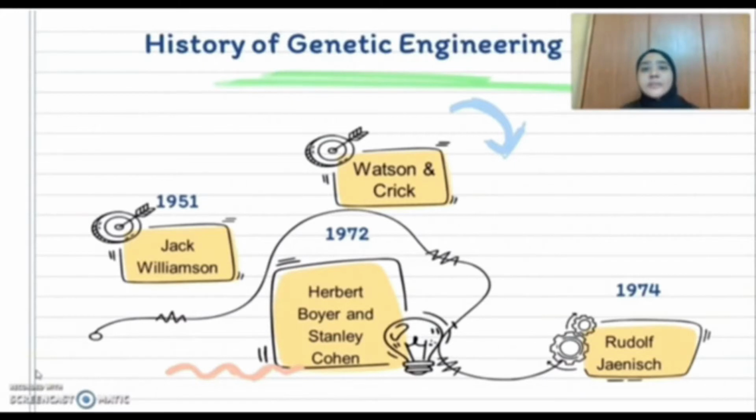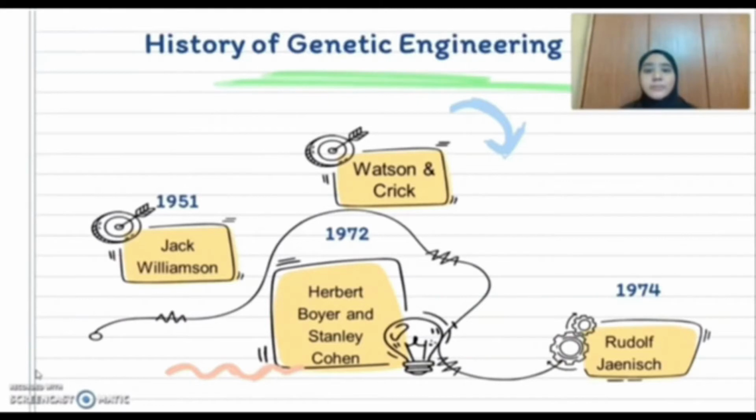So the term genetic engineering was first used in the year of 1951 by a science fiction novelist named Jack Williamson. So he was not even a scientist, but he already knew about this term and even included it in one of his novels titled The Dragon's Island. So next we have Watson and Crick.